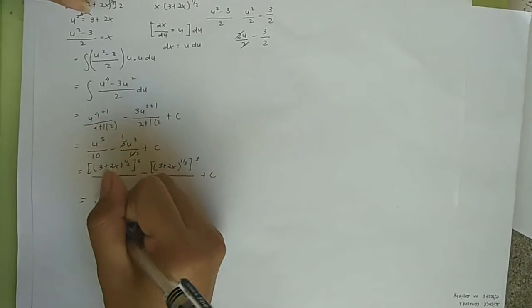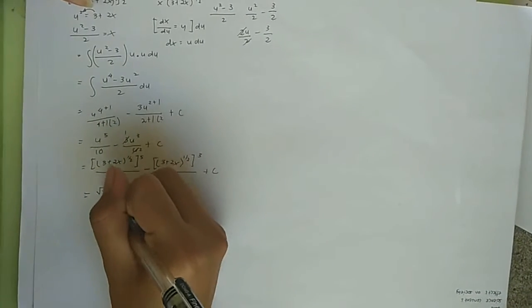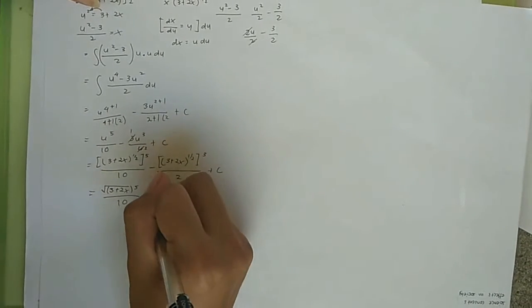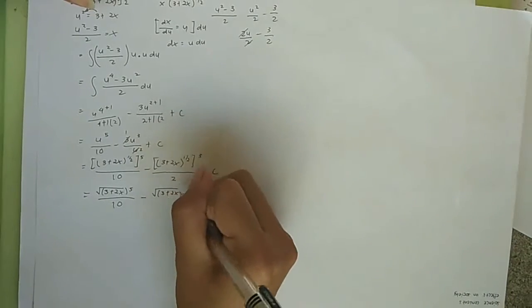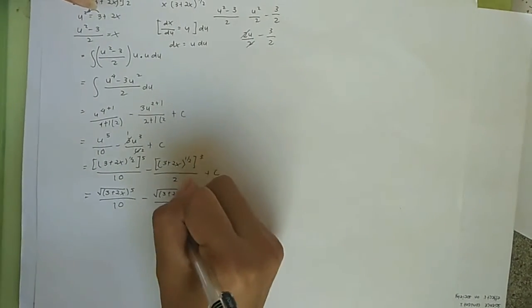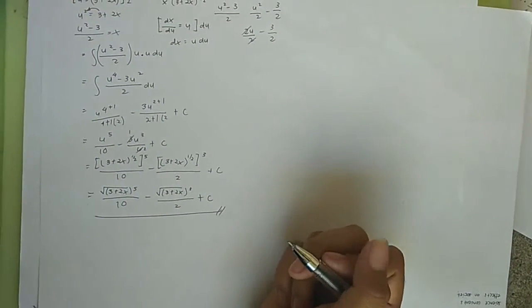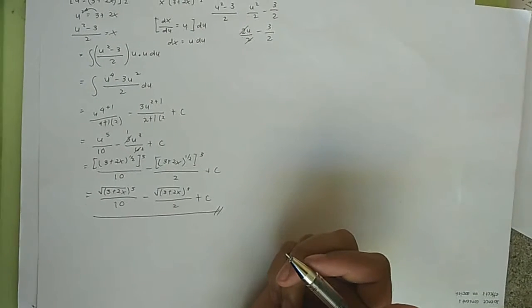Now we have the square root of 3 plus 2x raised to the 5th over 10 minus square root of 3 plus 2x raised to 3 over 2 plus c. Now we have the integral of x square root of 3 plus 2x dx.